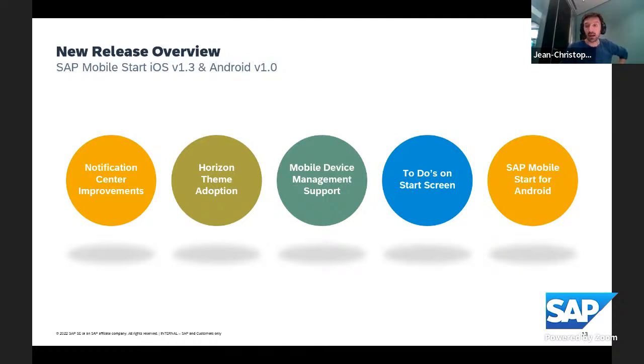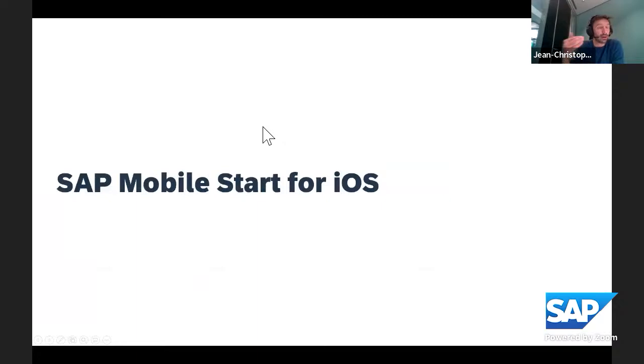The to-do screen and the to-dos are now available on the start screen. The to-dos are the implementation of the SAP Task Center, and that's the name we use for it in SAP Mobile Start. So if we now go through the iOS version.